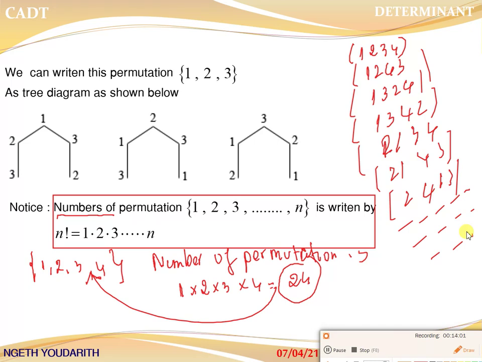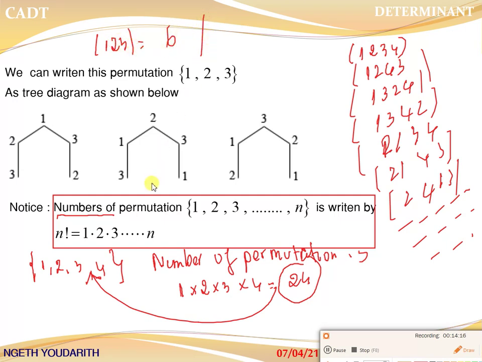And we have 24 permutations of this. So example 3 also, numbers 1, 2, 3, it has 6.